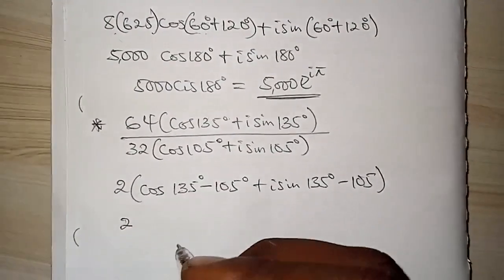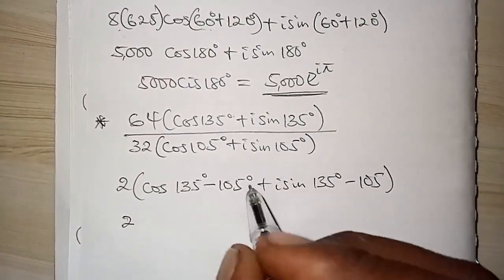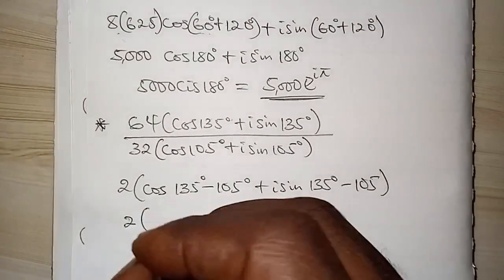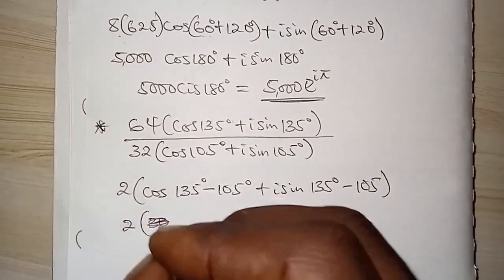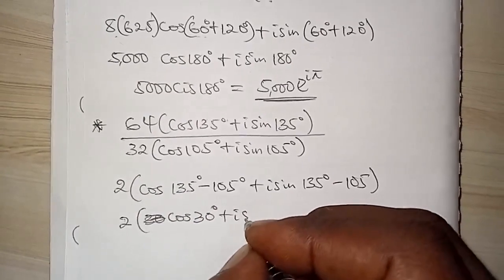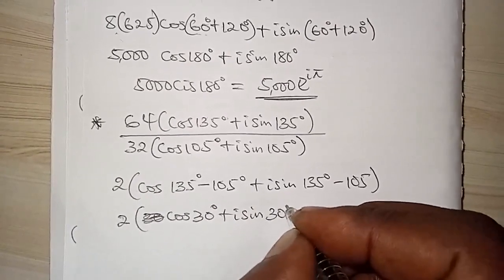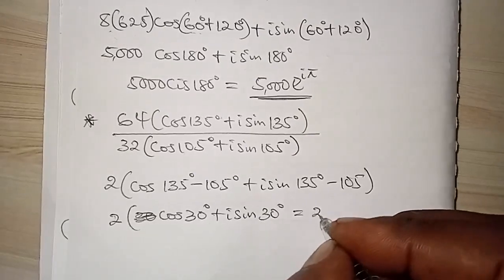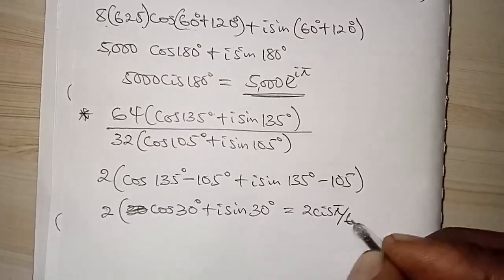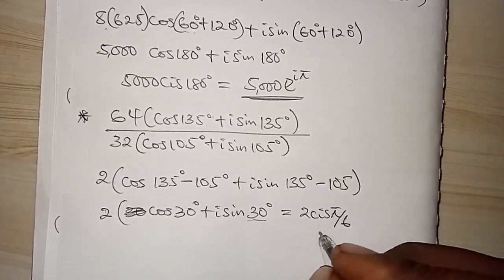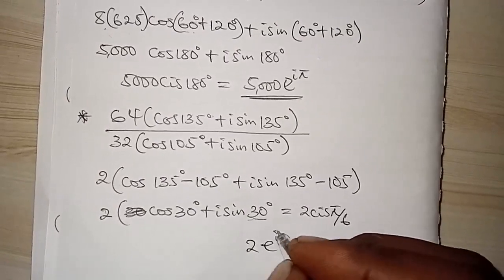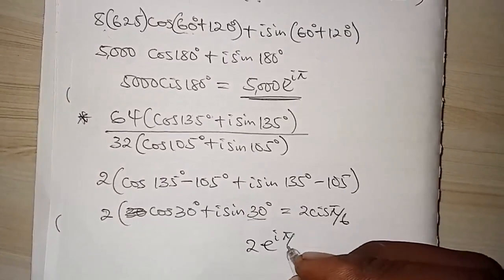So we have 2 into, 135 minus 105 gives us 30, so cos 30 degrees plus i sine 30 degrees, which is 2 times pi over 6, because if we convert 30 degrees, it is pi over 6. If we put it in exponential, it is 2 e to the i pi over 6.